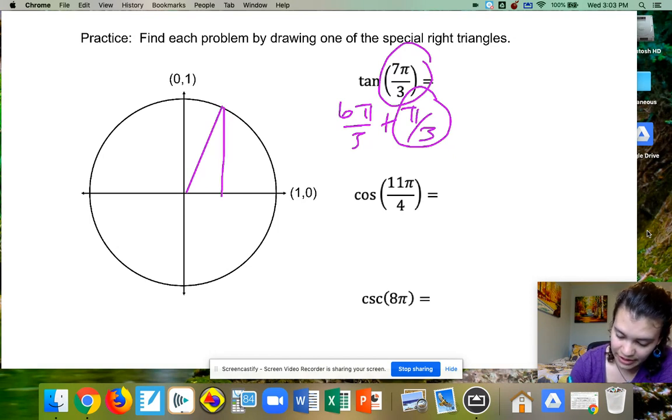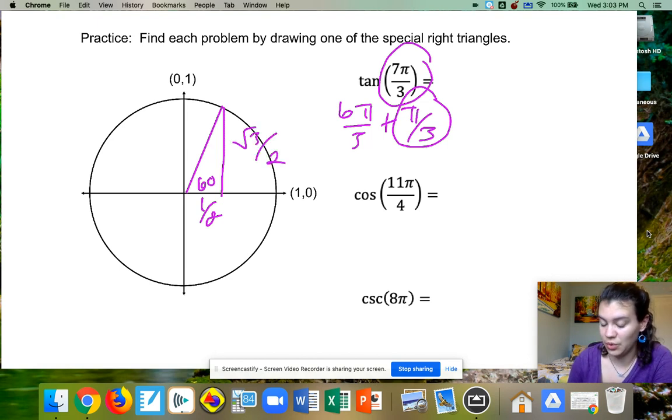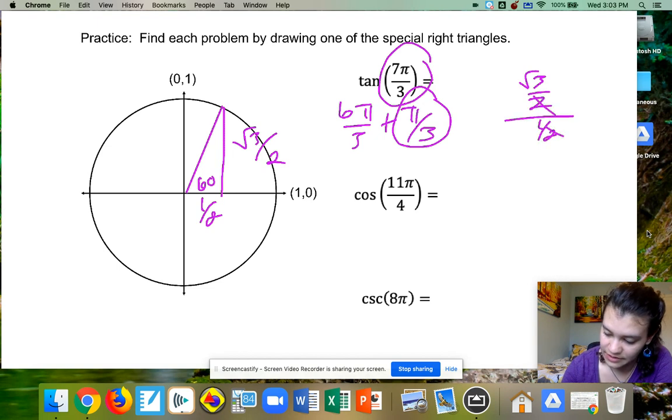Pi over 3 again is a 60-degree angle. So this is the triangle you're going to get. Both are going to be positive because you are in the first quadrant. And then if you're taking tangent, you want y over x. So y, root 3 over 2, over x, a half, cancel, and your answer is going to be root 3.